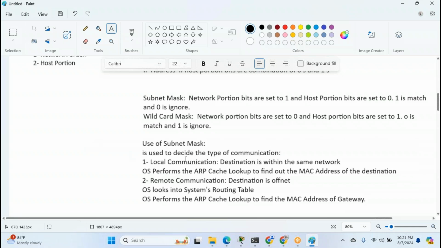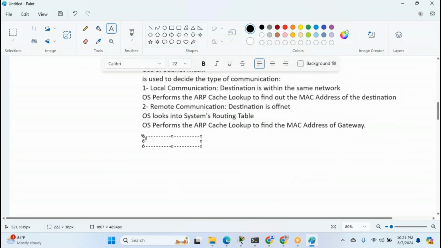Let's say we have an IP address 10.0.0.1 and its subnet mask is 255.0.0.0. Let's say this is the source IP address.